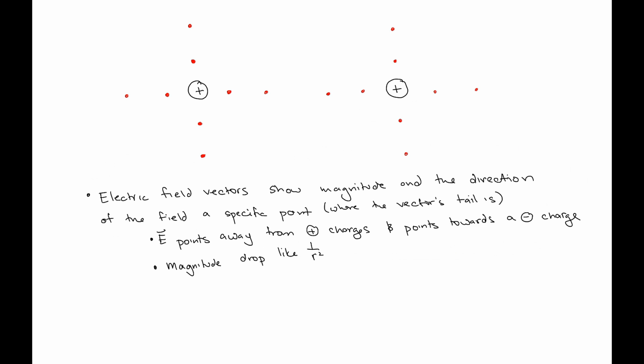Now I'm just going to draw those vectors. Again, they're going to be pointing away from positive charges, and they're going to get smaller as I get further away. If I wanted to do this really precisely, this should be about 1/4 as long as the other one. So something like that. Do the same thing over here.